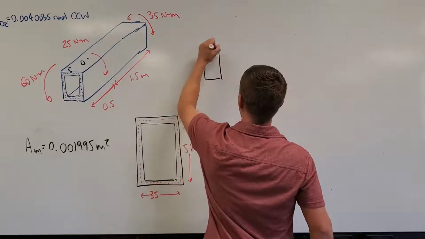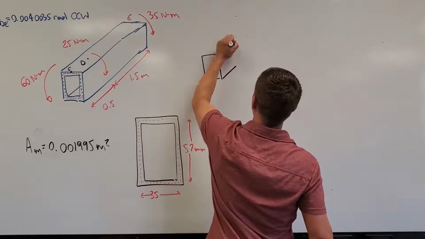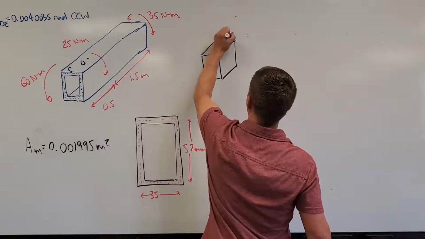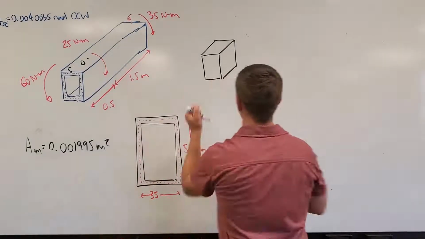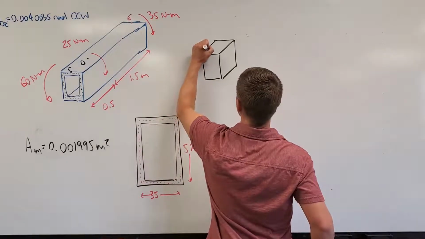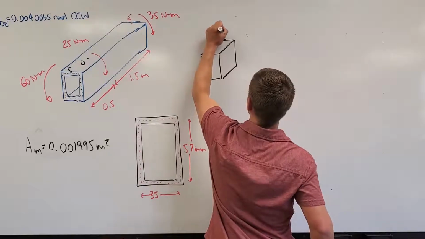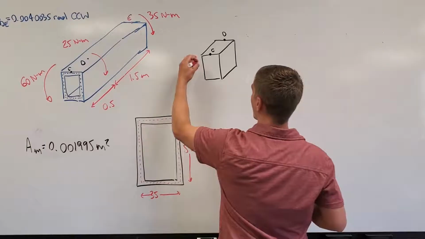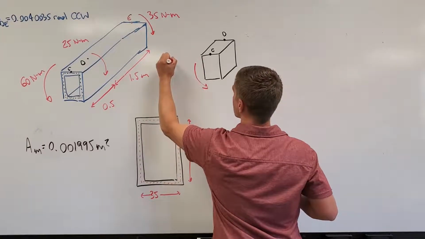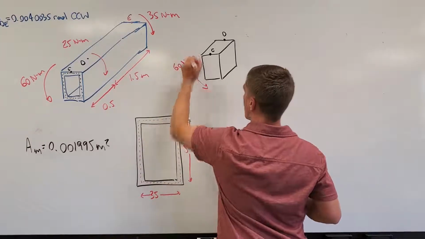Now, instead of 1.5 meters, the length is only half a meter. We'll call this C and this D. On our free end at location C, we have 60 Newton meters applied.